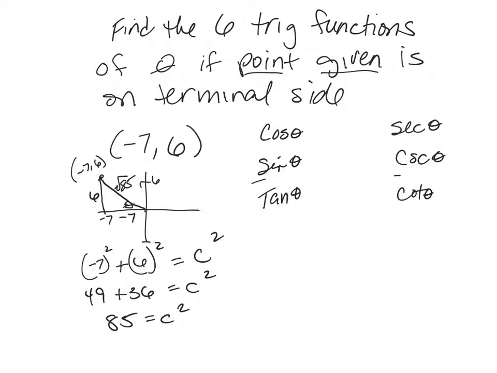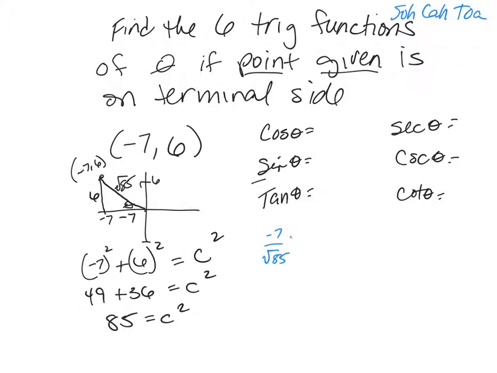All right, so let's just start with cosine. And cosine of an angle, I write SOHCAHTOA up on the board somewhere, so I have it. And cosine of an angle is adjacent over hypotenuse, which is negative 7. And I do this off to the side and then put my final answer up there because you don't have enough room. Negative 7 over root 85.